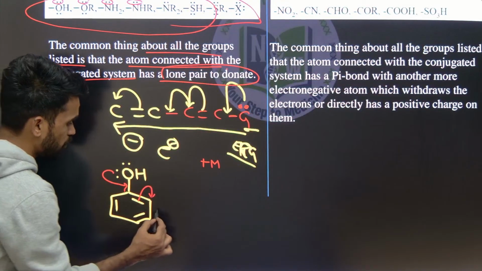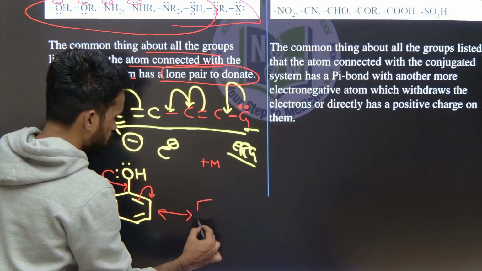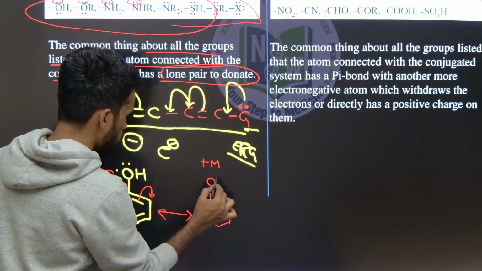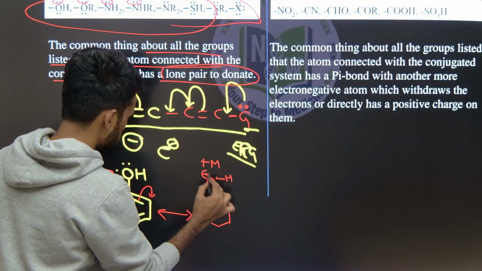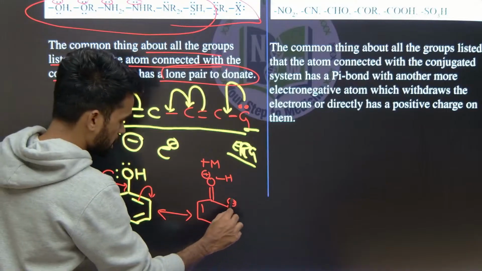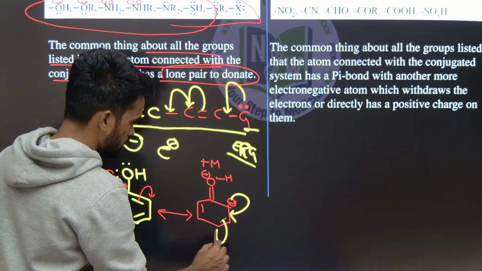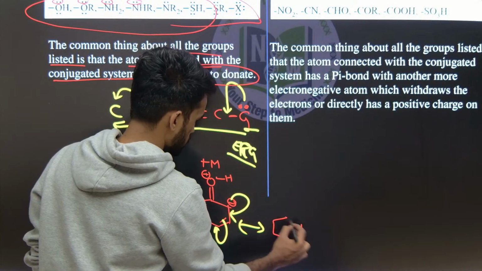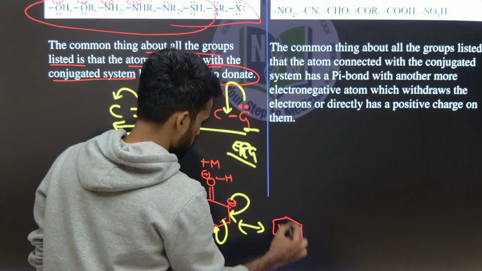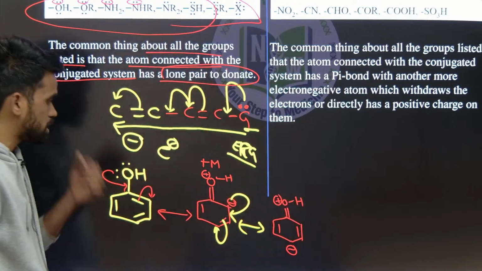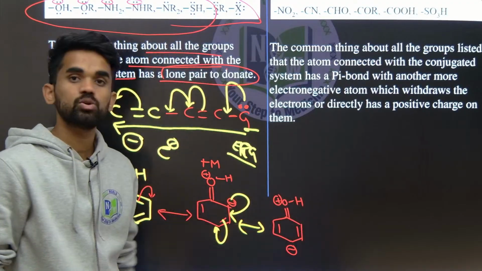If it is donated, OH, negative charge here. Again this negative charge is given here and it becomes like this. Now you are seeing a negative charge in the system.